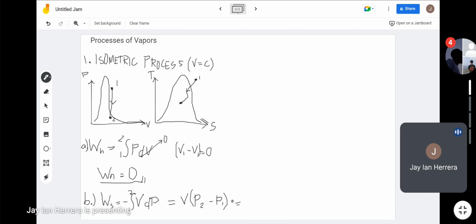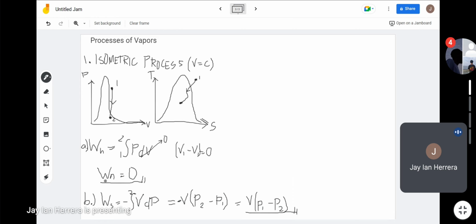Kaya pwede nating i-rewrite to, kasi may negative pa rin dito. Ibalik natin itong negative. I-rewrite yung general formula for work steady flow as V times (P1 minus P2). Ito yung parang general working formula natin.